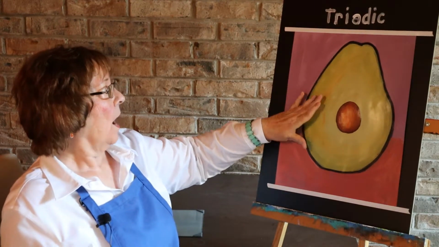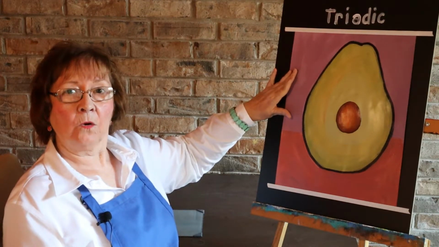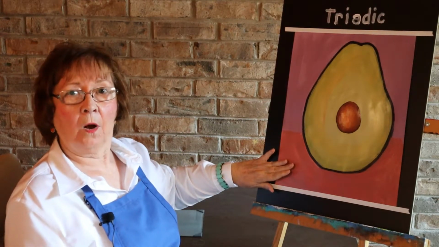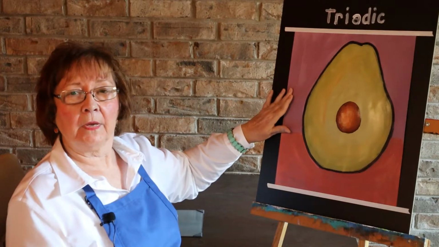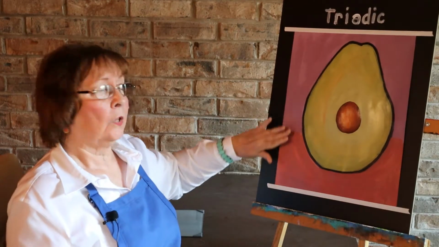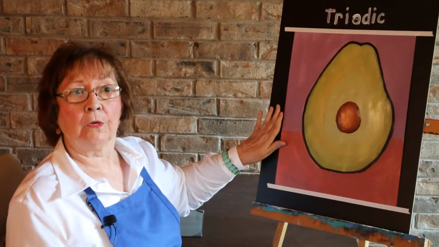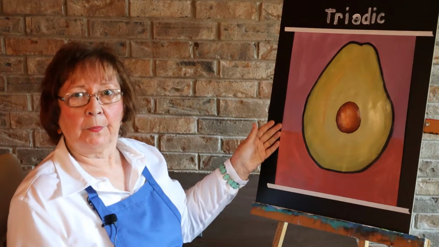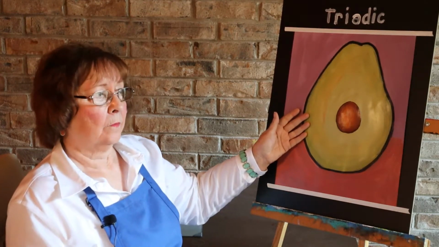And so I lightened the purple by adding white and lightened the orange by adding white. And then I put a little gray in the mix to dull those down and set them back so they wouldn't be so bright and predominant in the painting, because I wanted the avocado to be dominant.